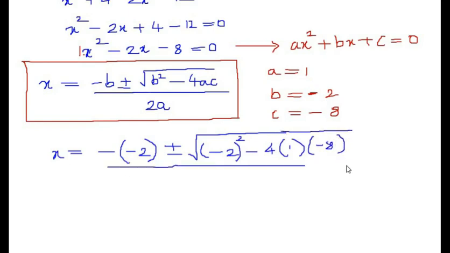This whole thing will be divided by 2 times 1. So here we get minus times minus 2, which gives you plus 2, plus or minus.